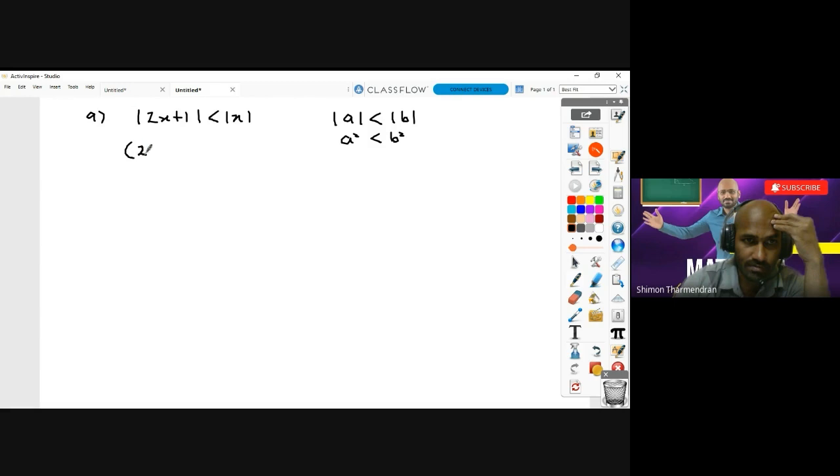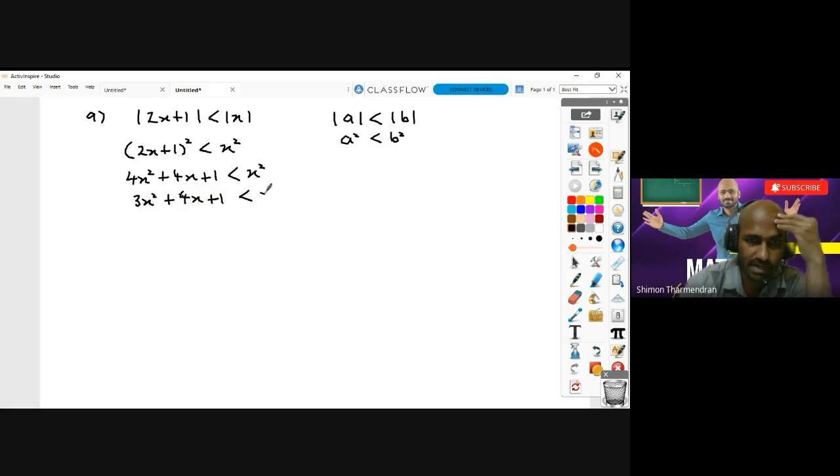So therefore, we can safely say that (2x plus 1) squared is less than x squared. Expand the brackets, we have 4x squared plus 4x plus 1 is less than x squared. Bringing over, we have 3x squared plus 4x plus 1 less than 0.